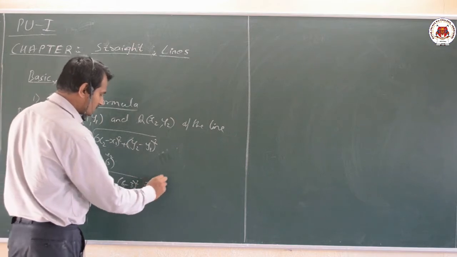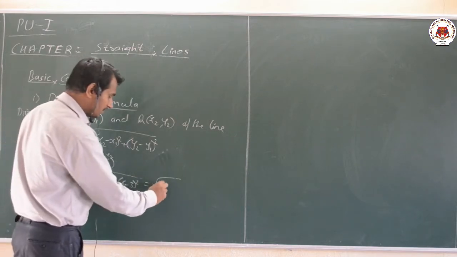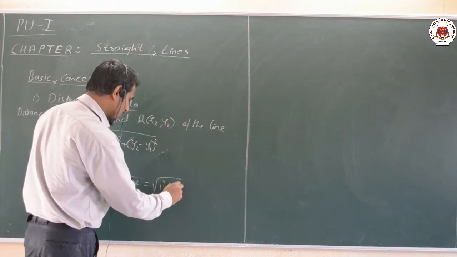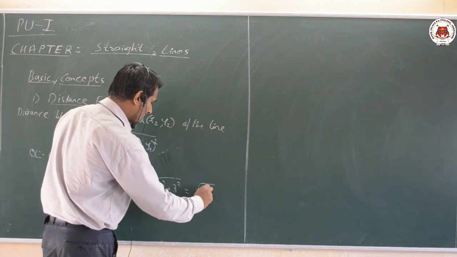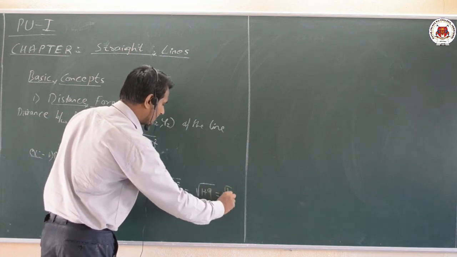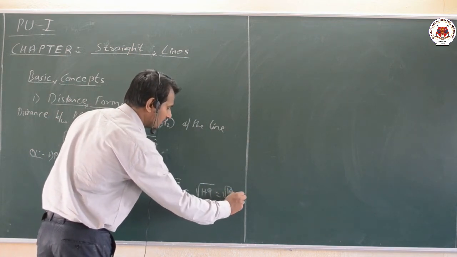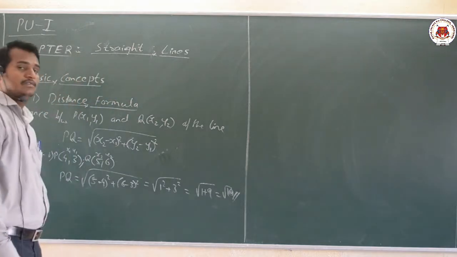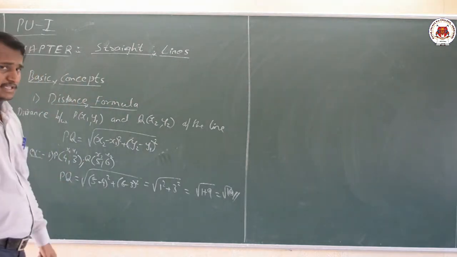That is 1 square plus 3 square, so the value will be root 1 plus 9, that is root 10. That is our value for the distance between the points P and Q.